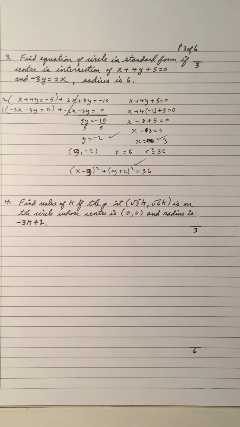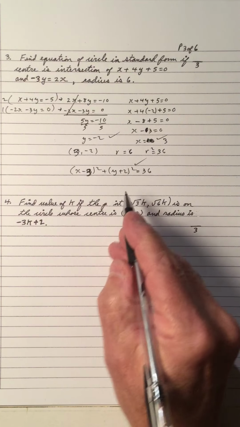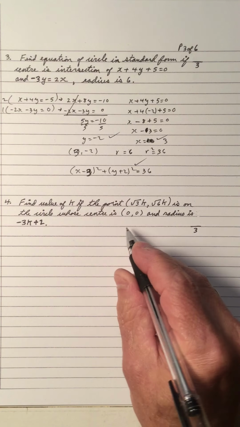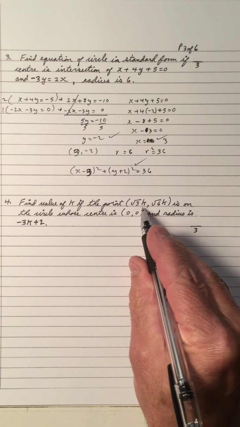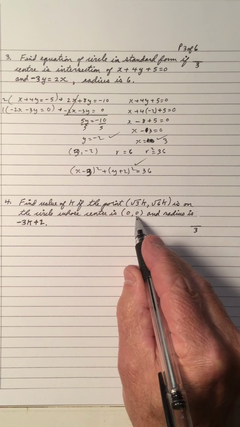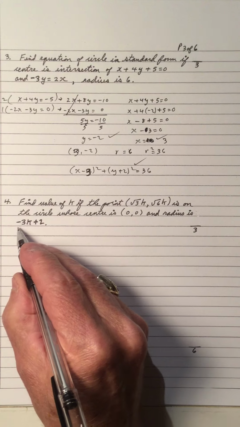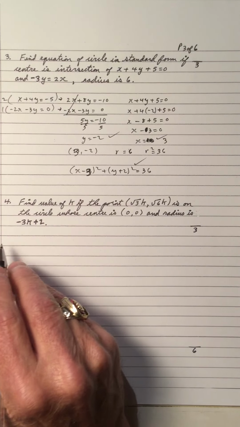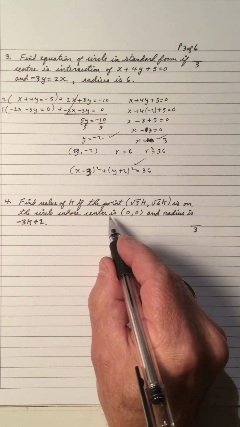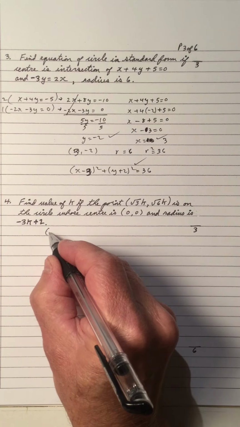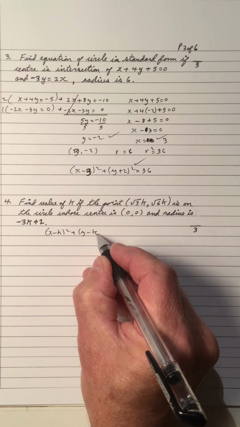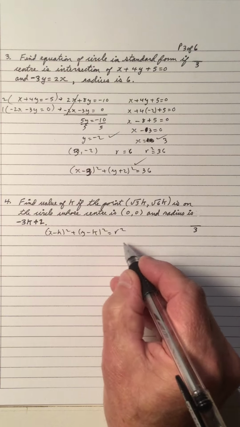Number 4. Find the value of k if point root 3k and root 6k is on the circle whose center is 0, 0 and a radius of -3k plus 2. Well, we want the value of k where the point lies on the circle. So we have x minus h all squared, y minus k all squared equals r squared.